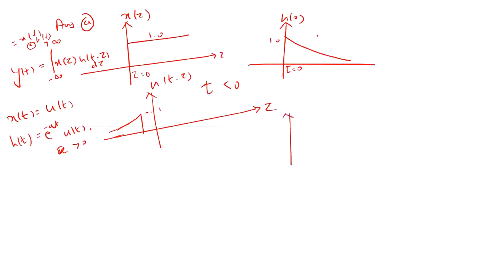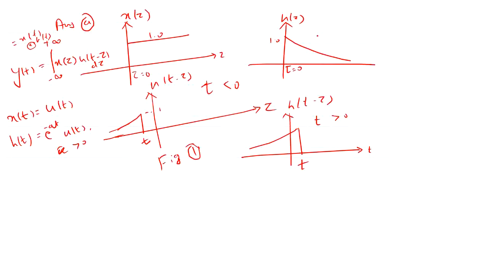And if we consider t greater than 0, then it is like this. This is our t point, and this is also our t point. So this is h(t minus tau) when t is greater than 0, and this is h(t minus tau) when t is less than 0. This is figure 1.